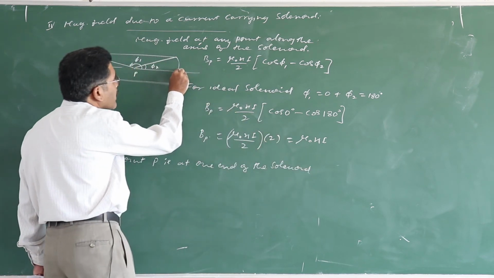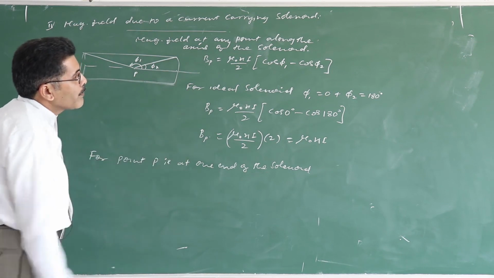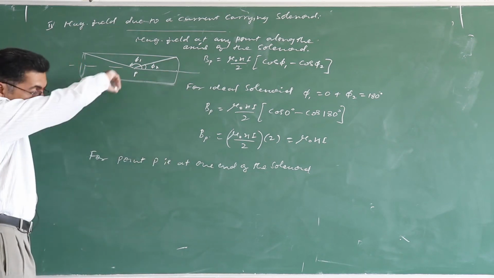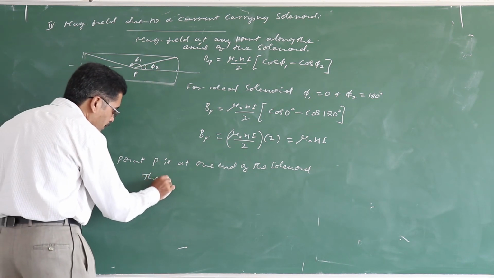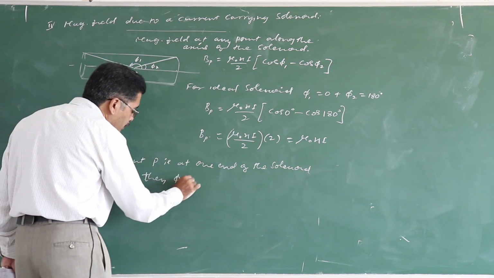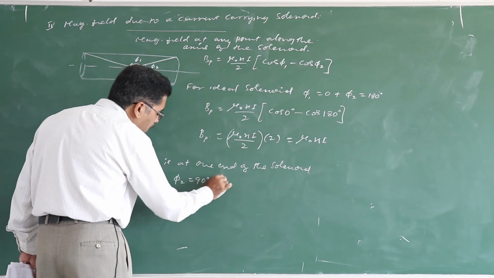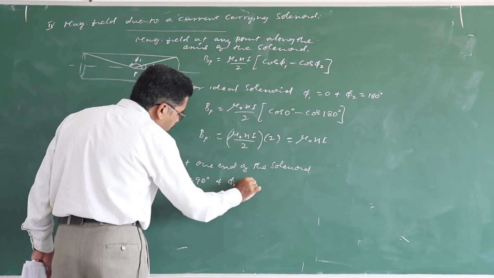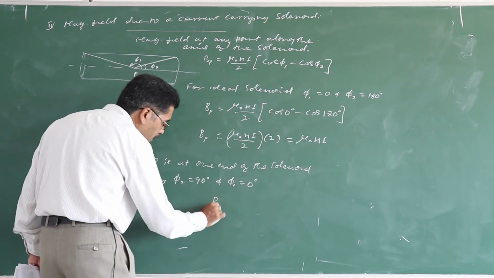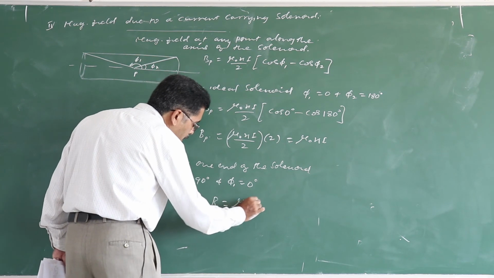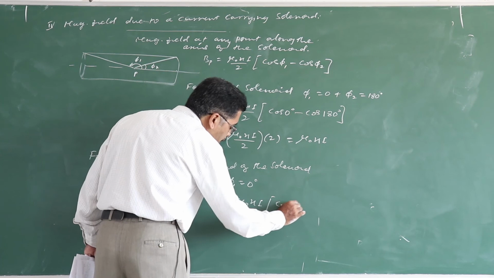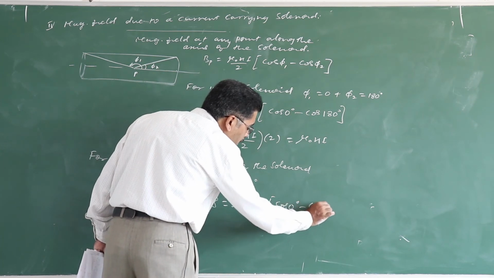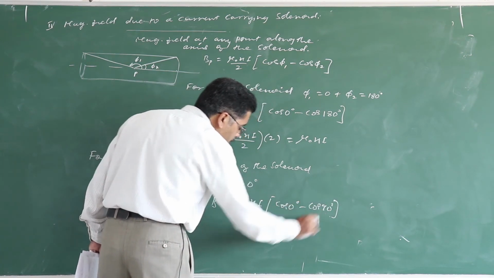If point P is somewhere here, then phi 2 becomes equal to what? 90. Phi 1 is 0. Then phi 2 is equal to 90 degrees and phi 1 is equal to 0. In such a case, B is equal to mu naught nI by 2 into (cos 0 minus cos 90). You know that cos 90 is 0, cos 0 is 1.